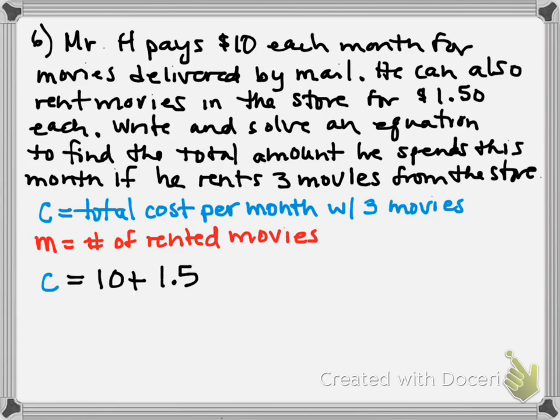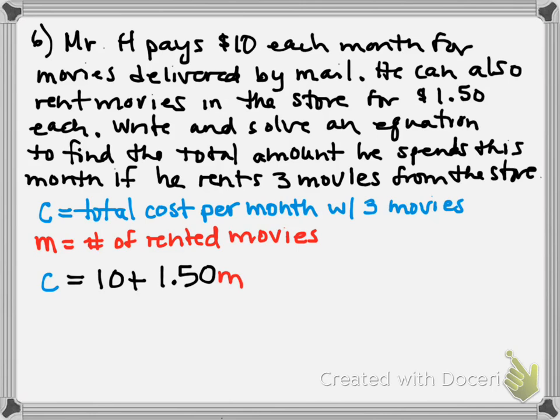So you want to flip it. C equals 10 plus $1.50 and then the M. Okay? It doesn't matter how many movies he rents, or if he gets none delivered, he still pays $10 a month. But in addition, he can go to the store and get as many movies as he wants, $1.50 for each one. So that's your original equation. That's how this whole problem process starts.